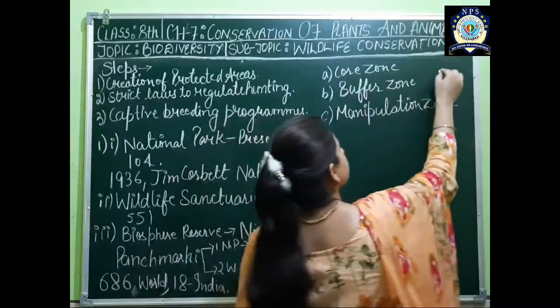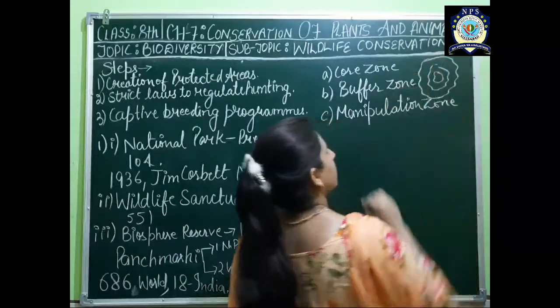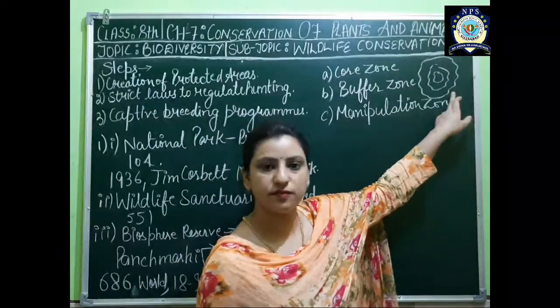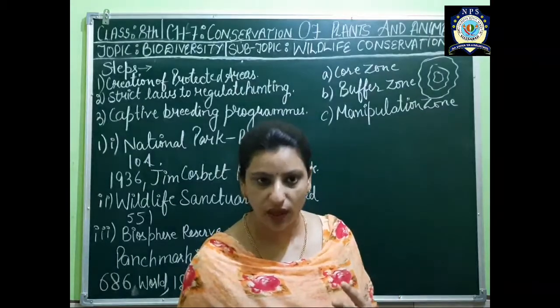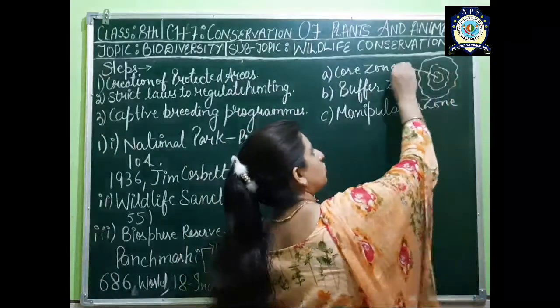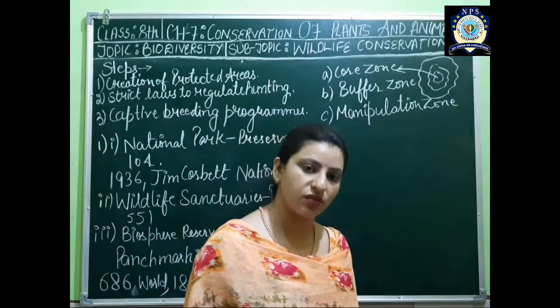If I make a simple rough diagram, this is the biosphere reserve, and in it there are three subzones. The innermost zone has no human activity and is preserved only for the wildlife.